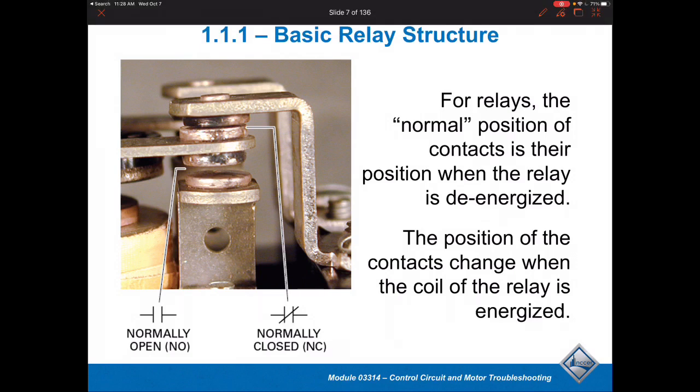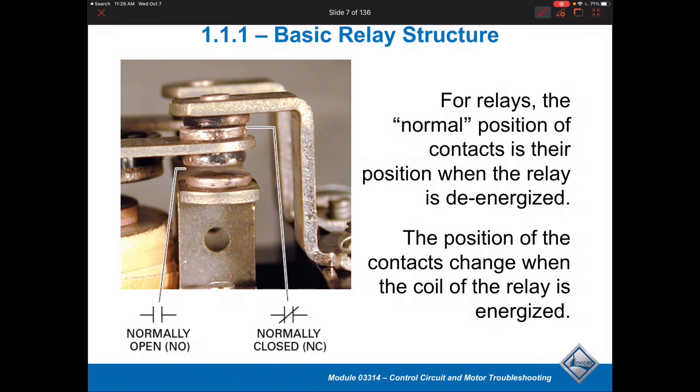Additionally, when we started looking at relays in the first class, we talked about the basic structure of relays. One of the big things I've always seen over the years is an understanding of what is meant by normally open and normally closed.